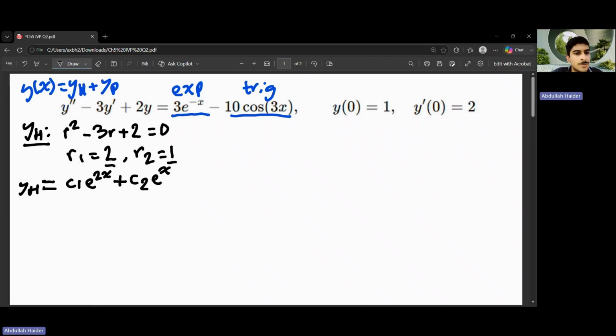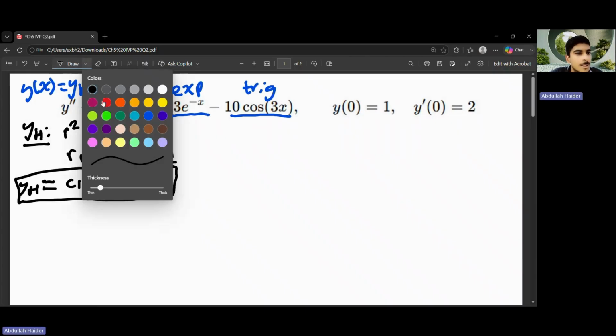So r1 is 2, r2 is 1, distinct. Our homogeneous solution will have C1 y1, where y1 can be e^(r1 x), y2 can be e^(r2 x). So after substituting the r, this is what you get. This is your homogeneous solution.